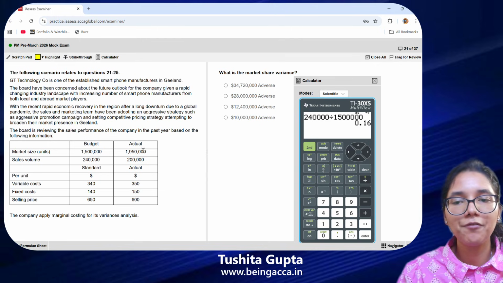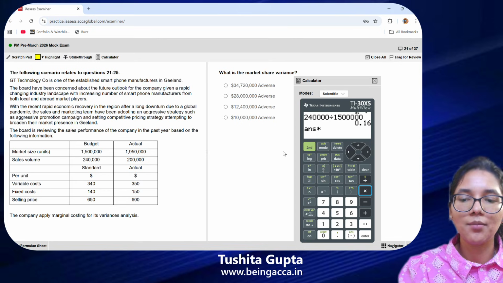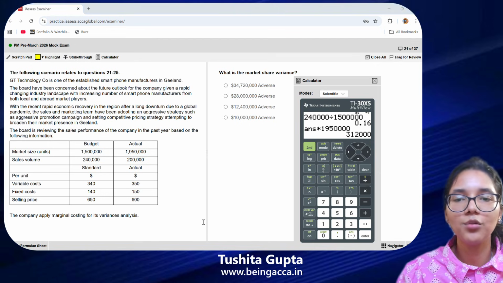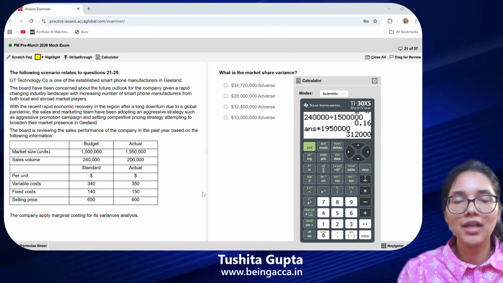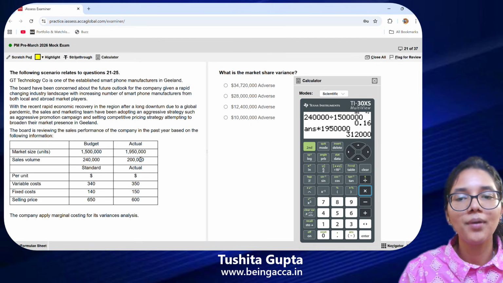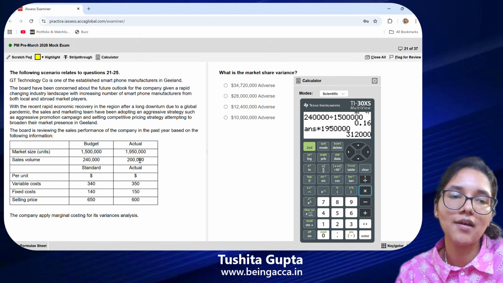Similarly, now with the actual market coming to this particular number, 1,950,000, how much should our revised number look like? That means 312,000. This is how much we should have actually sold. But how much did I actually sell? I sold 200,000 only.